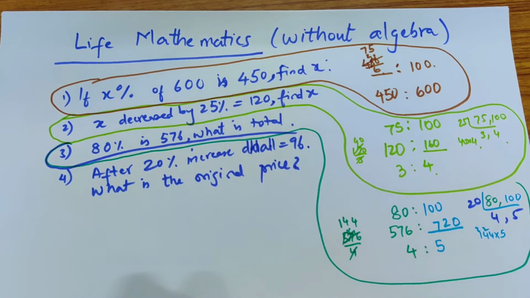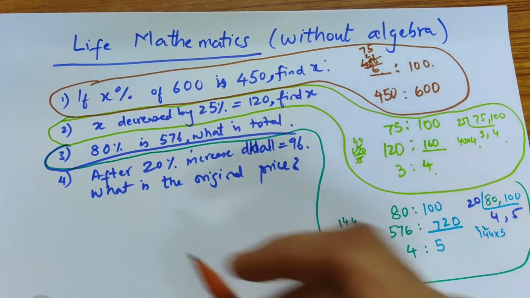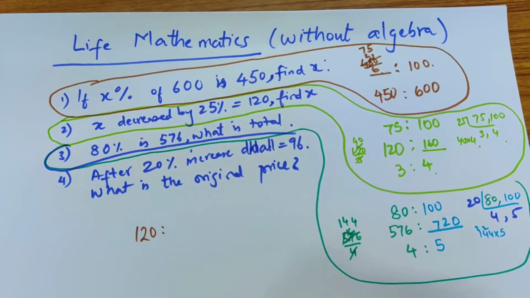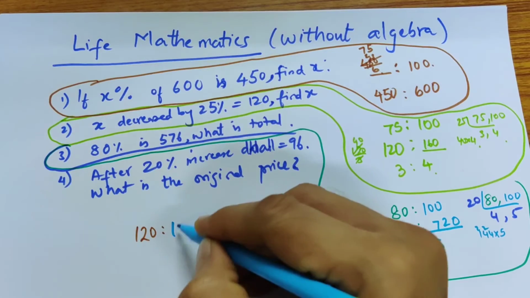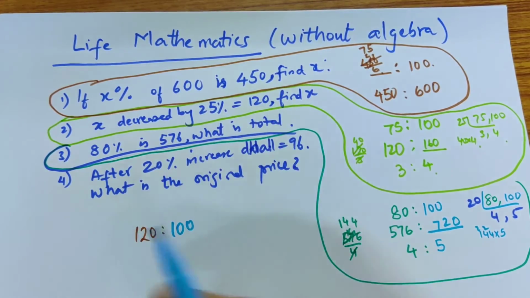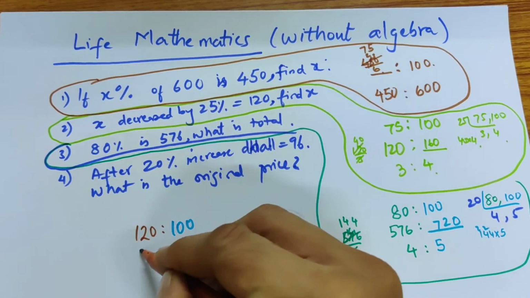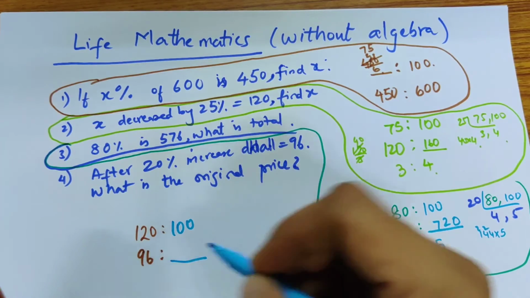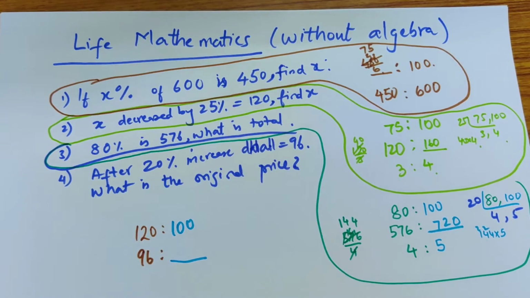So next question, how do we handle a 20% increase? Okay, total is already 100, I have added 20, so 120 is to the original, which is 100, and what is given in this case, after the increase, is 96. So what was the original? It will be of course smaller than this, right? This we can see. So now again 120 is to 100.